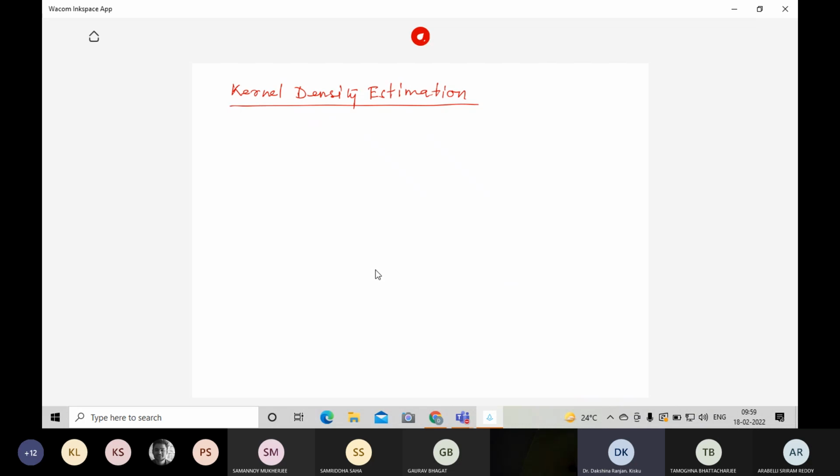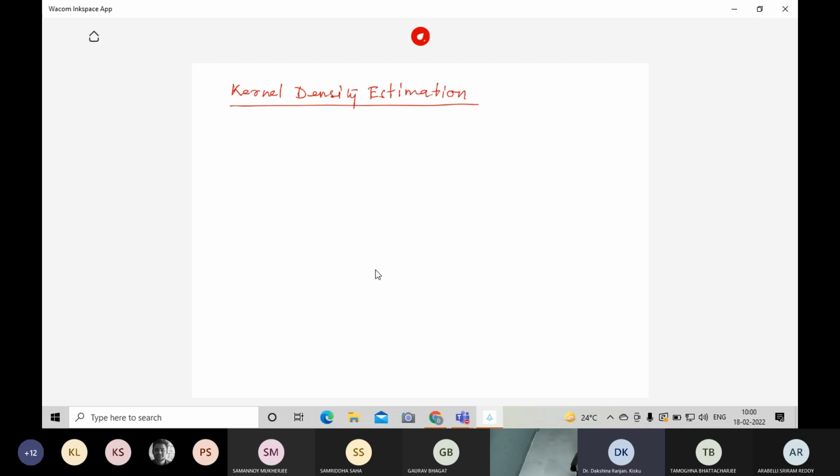So here we are not making any assumptions in the non-parametric method. One such non-parametric method is kernel density estimation. Here the kernel density estimation estimates the density function that produces a sample of data. Now how is this sample of data produced? The sample of data is produced by placing a probability mass at each observed datum xi, and also we can place this probability mass nearby each observed datum xi.